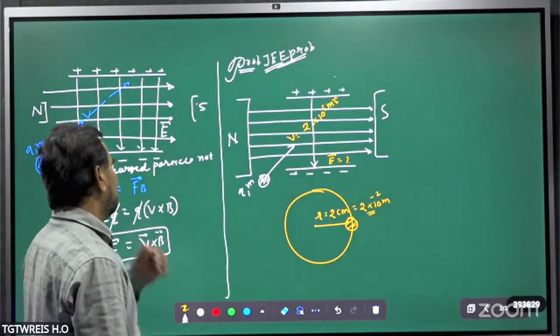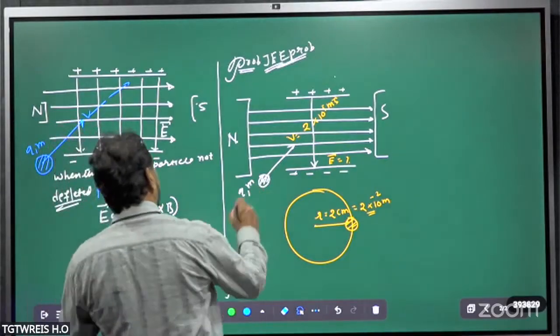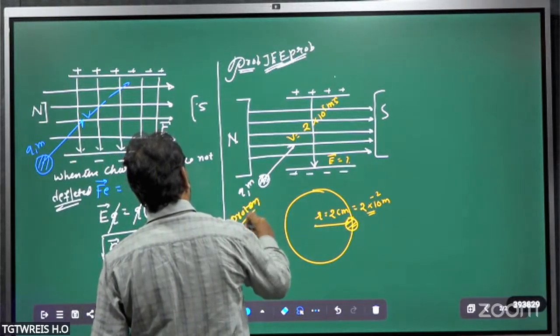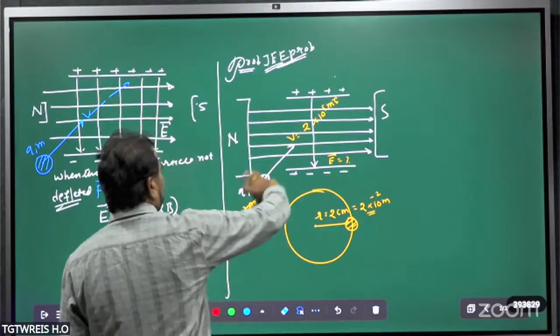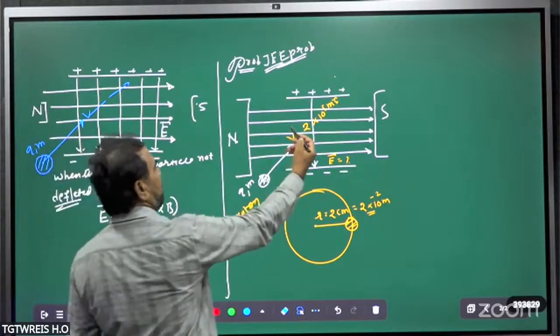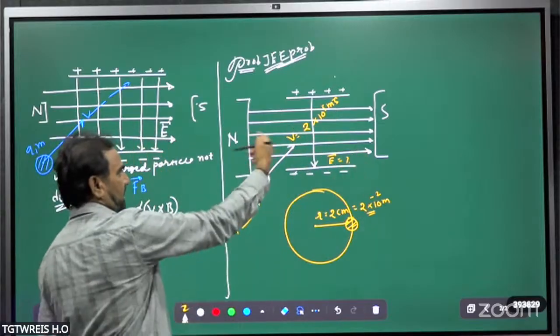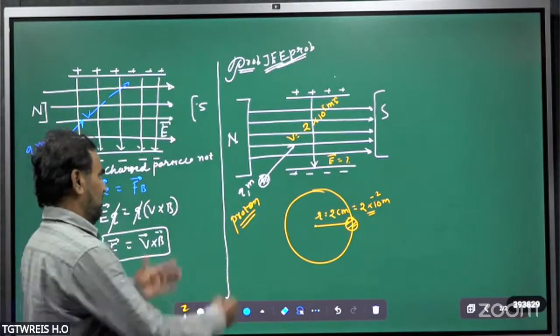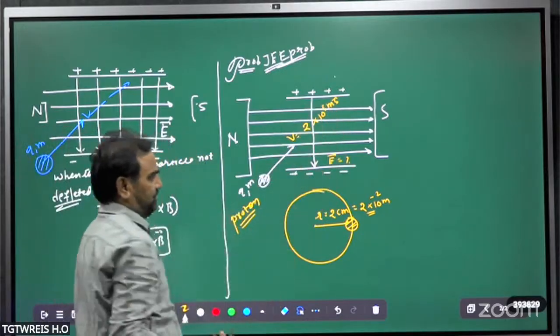Okay, a charged particle, you can take a proton. So a proton of mass m and charge q is projected with a velocity of 2 into 10 to the power of 5 meter per second across the uniform electric and magnetic field. Then it would be moving with a certain velocity.